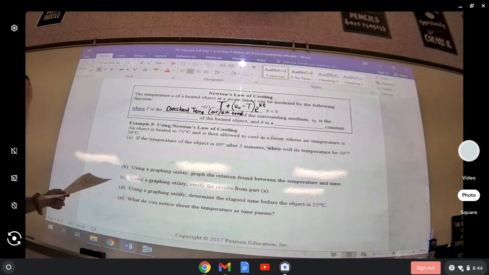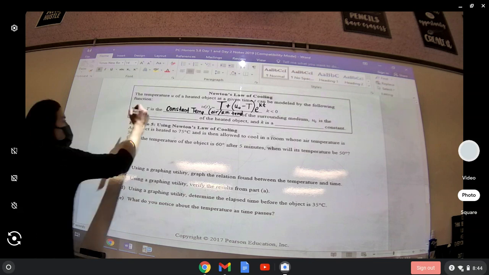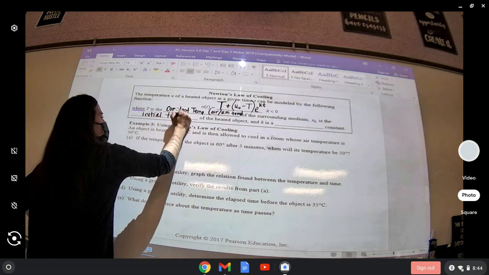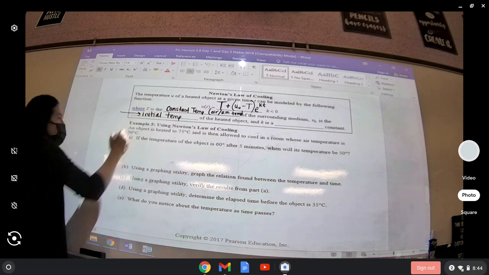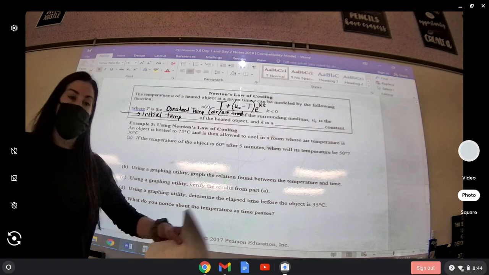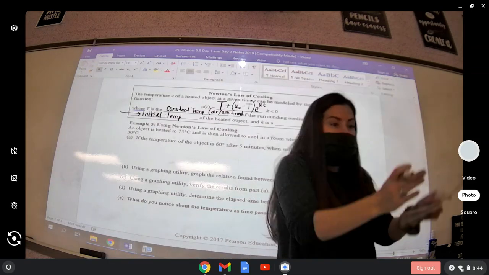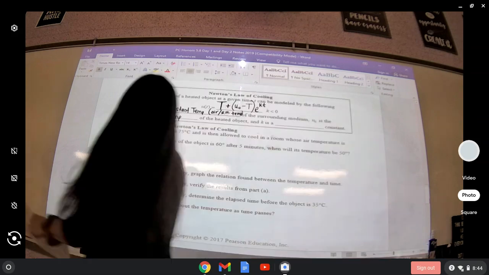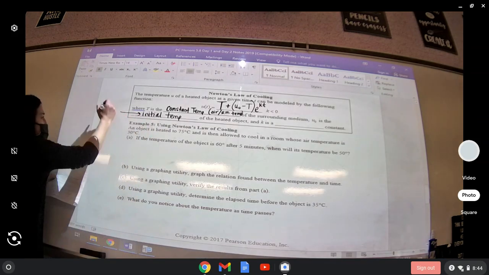U sub 0 is the initial temp of your object. So guys, your initial temp, that's the temperature that your object has been heated to. You're going to heat an object to a temperature, and then you're going to let it cool to see how fast that temperature cools. So your U sub 0 is your initial temp.